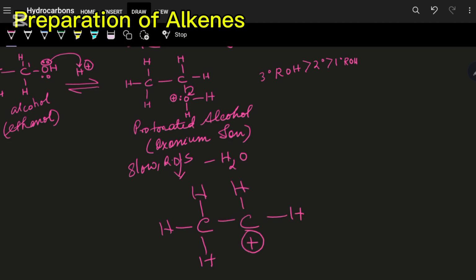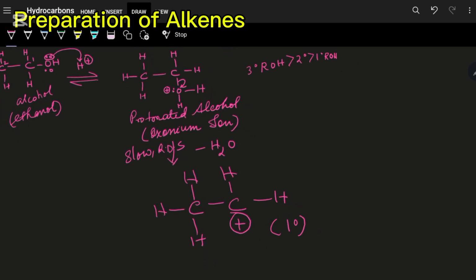So this is the carbocation. Here I know it is a 1-degree carbocation, which is very less stable, so I was going to show you the other way round of the mechanism. Had it been a 3-degree, this carbocation would have been highly stable. Had it been a 2-degree, it would have been more stable than a 1-degree. So for a simplified version of the mechanism, we are going to discuss with 1-degree.